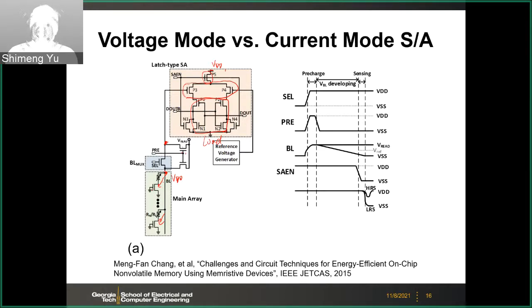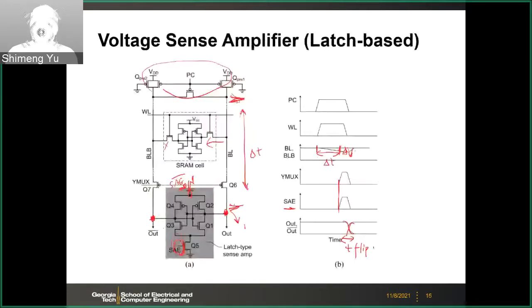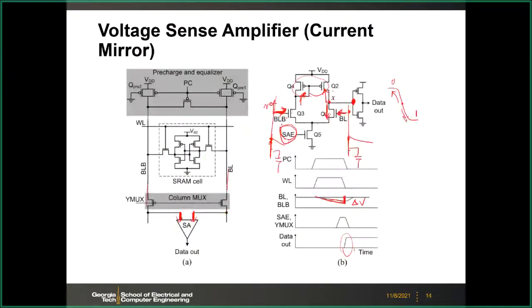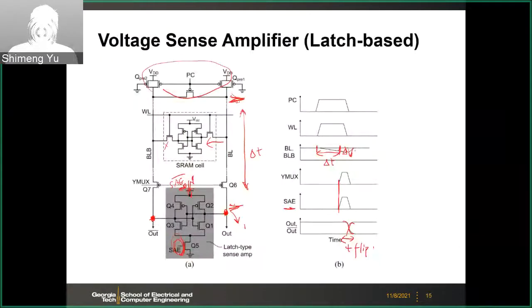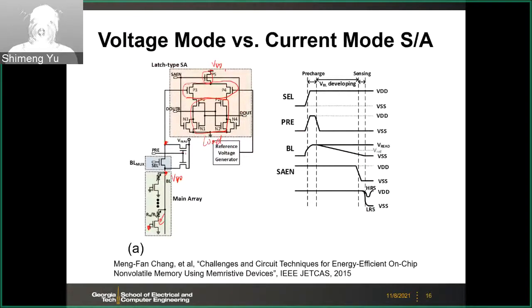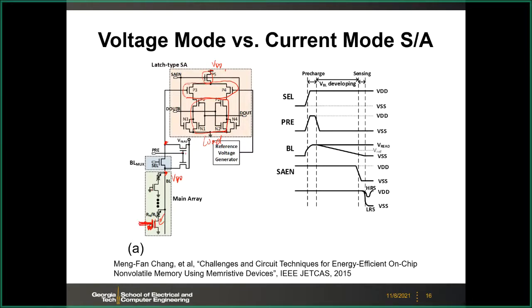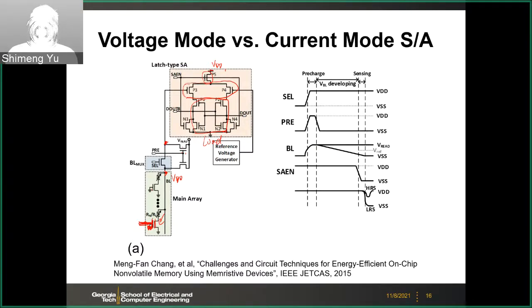So there's no current flow for this cell. But for this selected word line, this one should not be grounded, I should say. This one should be turned on, actually. So this cell, depending on the high and low resistance, you will have large current or small current.